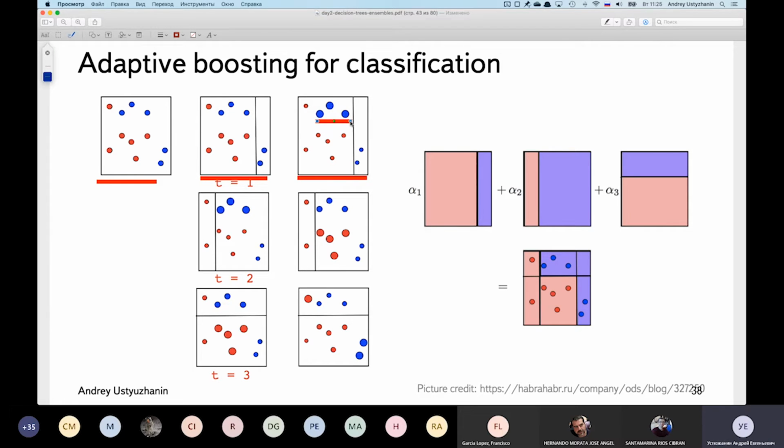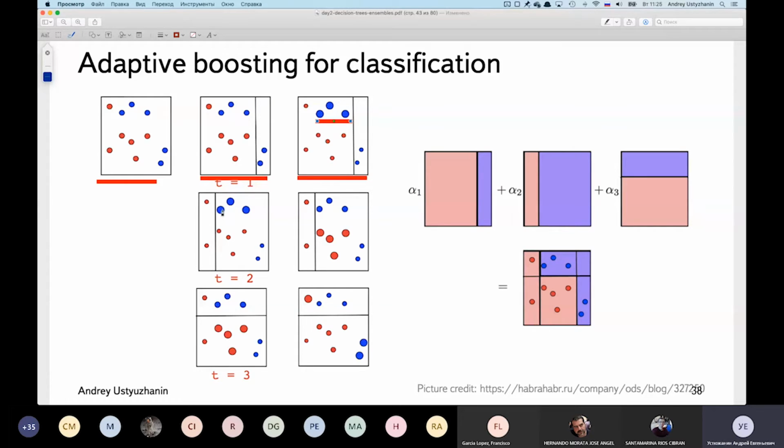You remember that this is the exponential error. It takes the misclassification and applies the exponent to this misclassification degree. That's why the dots here are depicted by larger circles.